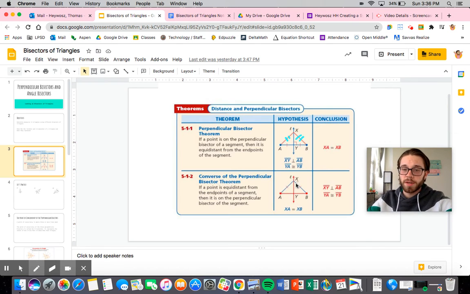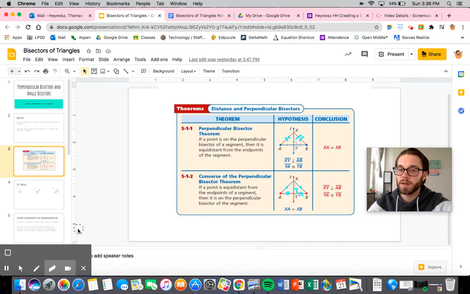The converse is just saying, if I have a point and it is equidistant, so this is congruent to this, that means this is a perpendicular bisector. That means that this is a right angle, and that means that this right here is a midpoint, which means that these two are congruent. So when in doubt, really what you've learned here is if you don't know what to do, set them equal to each other.